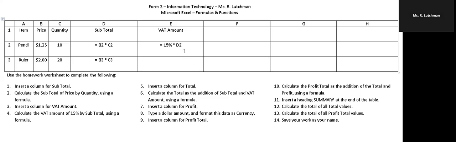Now here's the thing though. In IT, in a formula, we can't type a percent sign like that. So what does a percent equal to? 15% can be equal to a decimal, 0.15, or it can be a fraction, 15 over 100. Notice how I wrote the over, right?